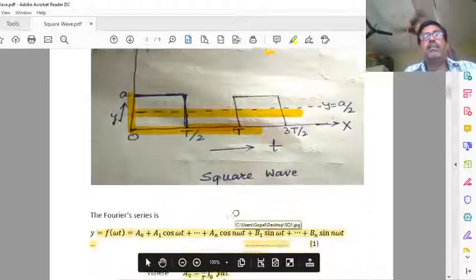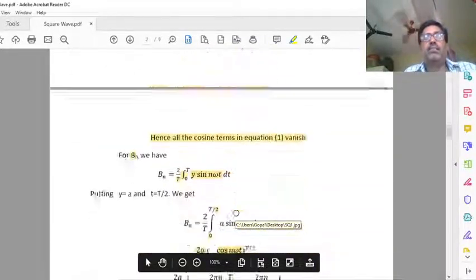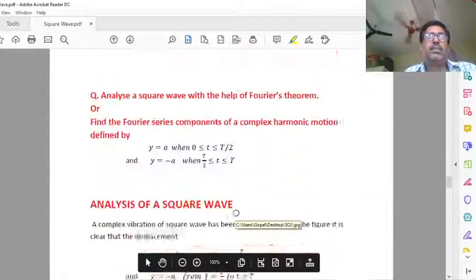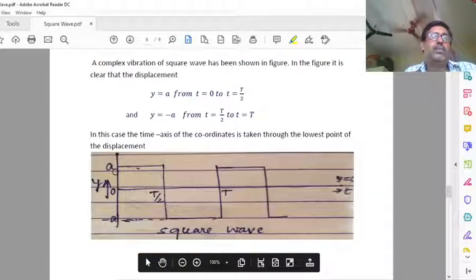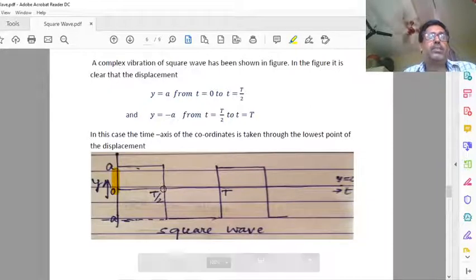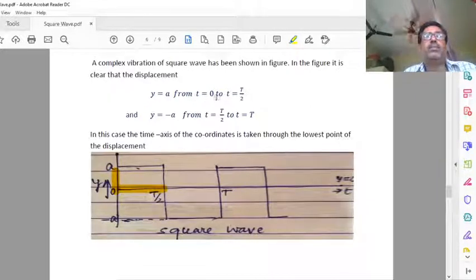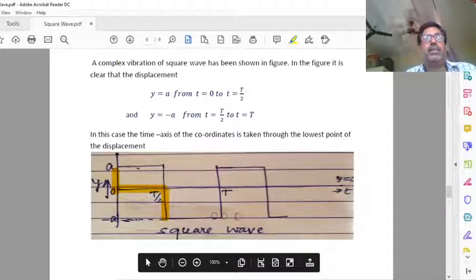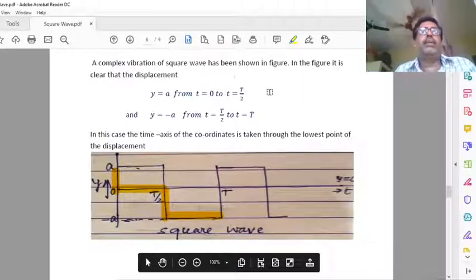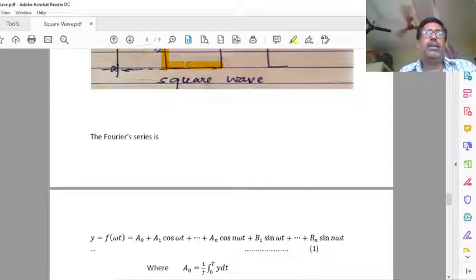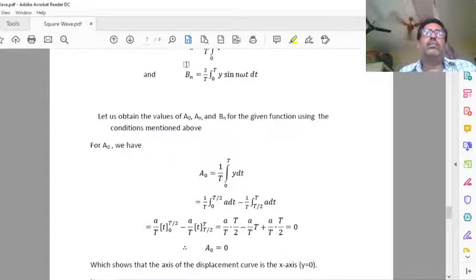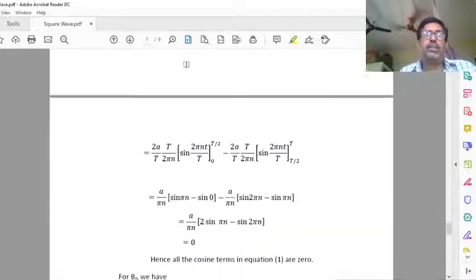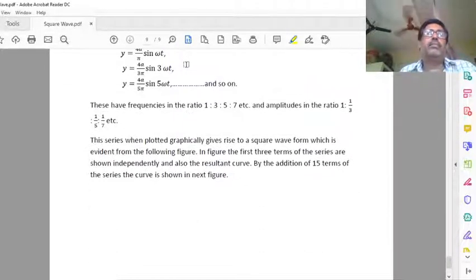But when we change the condition, see here, the only difference is this: y is equal to a for 0 to T by 2, and y is equal to minus a for T by 2 to T. So we only change the limits and solve as we solved the first problem, and we get this one.